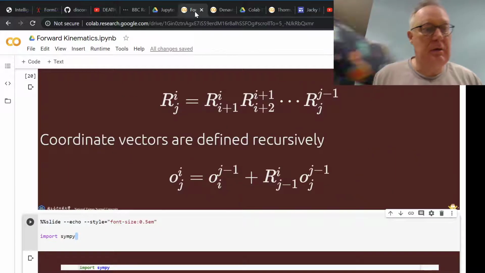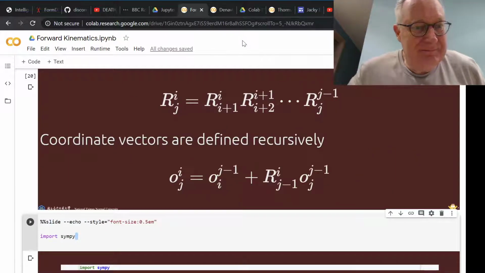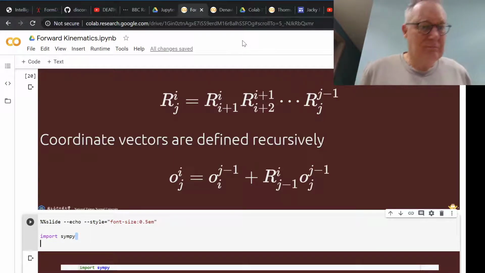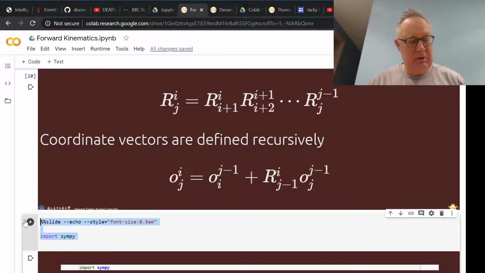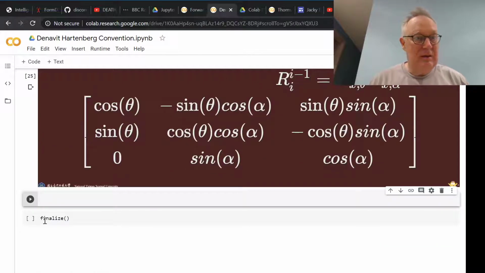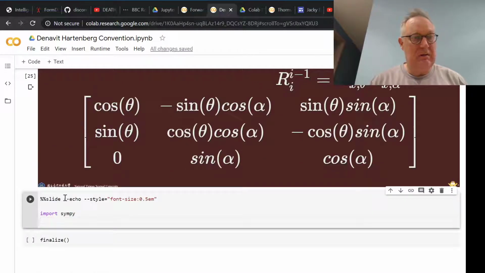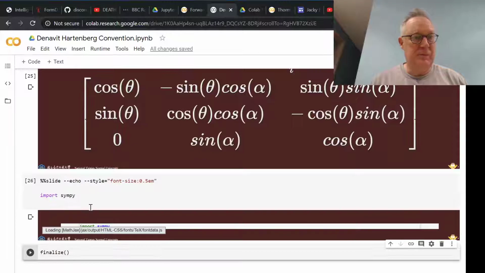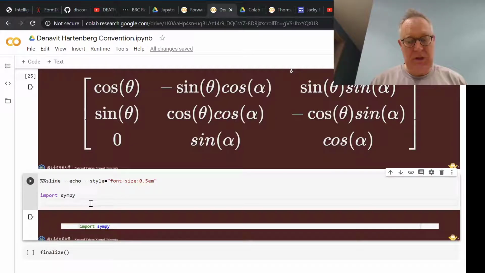Sorry, wrong package, wrong file. So here, theta and alpha are equal to symbols.